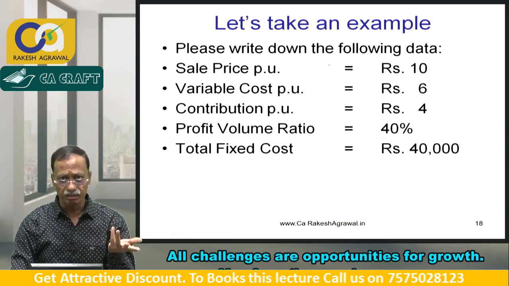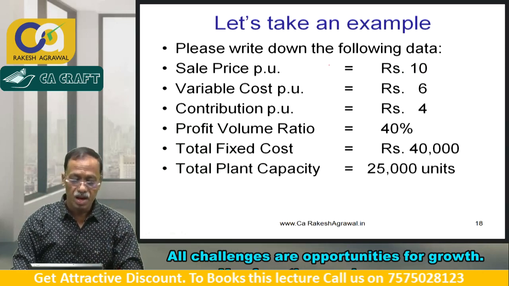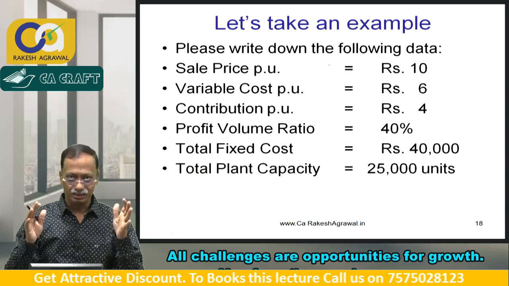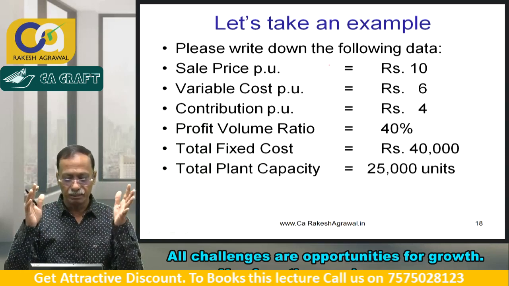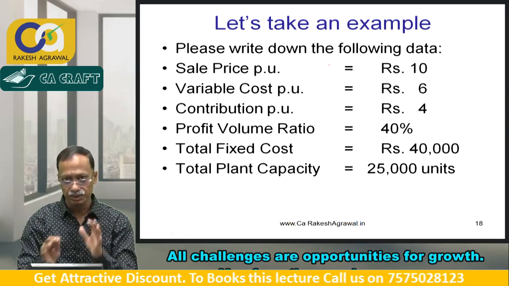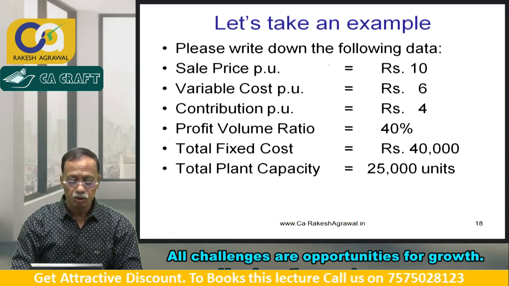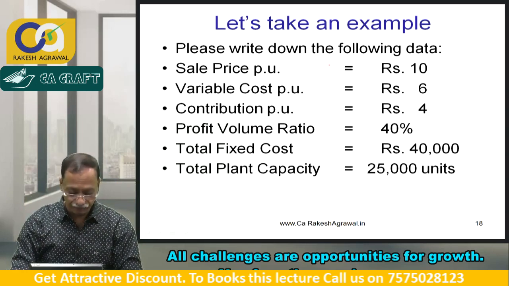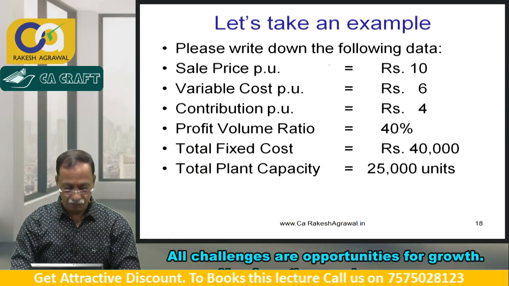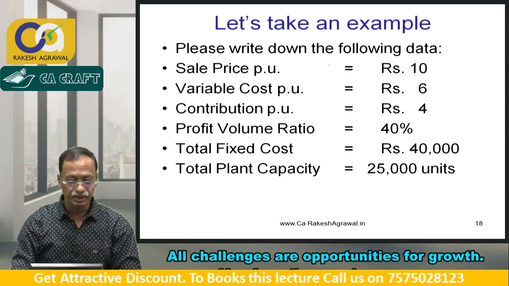This is the data for calculation of BEP. And total plant capacity means our plant and machinery has a capacity to produce 25,000 units in a given period. So total plant capacity is 25,000 units.